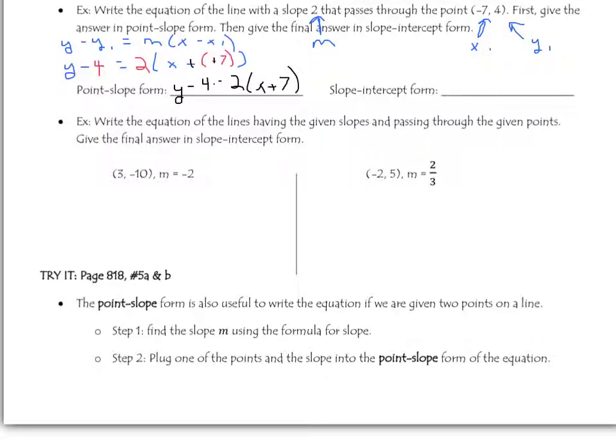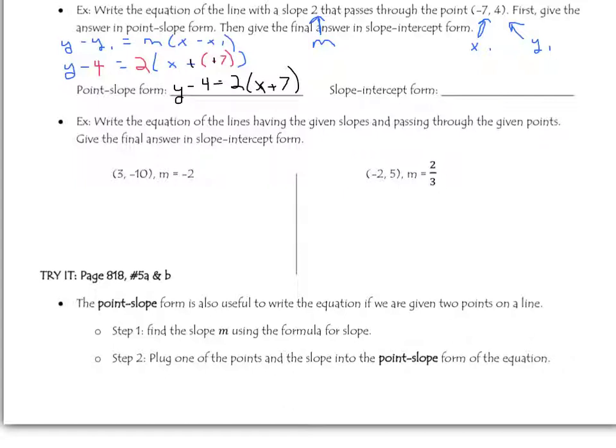Now notice that if you hadn't simplified here by changing minus a negative to plus a positive, you would have had this equation, and it would have been wrong because it wouldn't have been simplified. So this is the simplified version of the point-slope form.